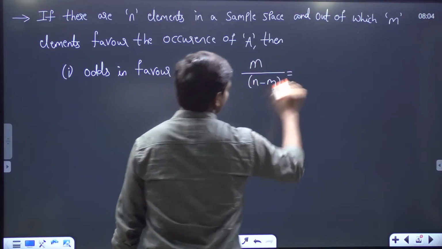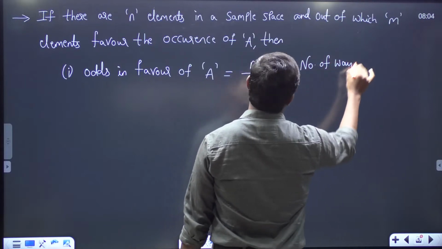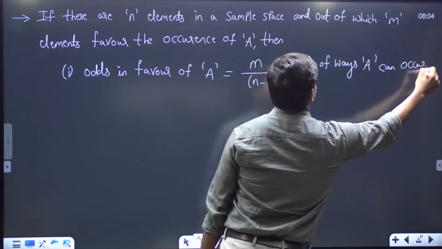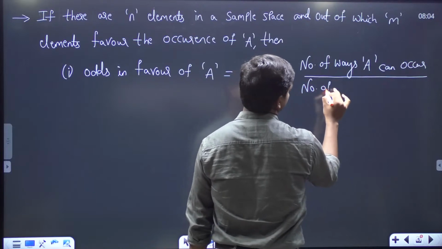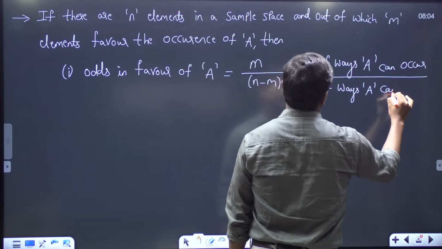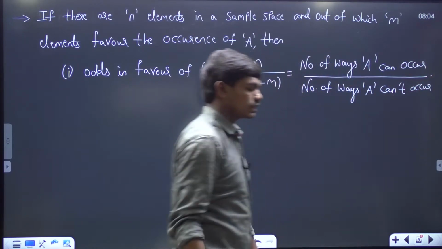Basically, the number of ways A can occur divided by the number of ways A cannot occur. So this ratio is called odds in favor.